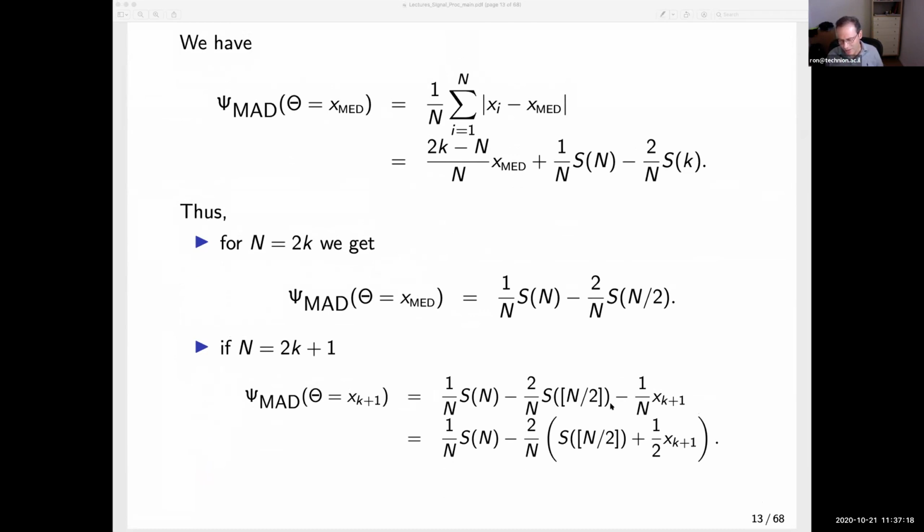So now let us see if we can, like we did in the MSE, somehow write an expression for the error when I'm choosing the optimal solution. So now I plug the median into the MAD loss, and what I'm getting is that the second part is nothing but subtracting twice the integral over half of the sequence from the integral of the whole.